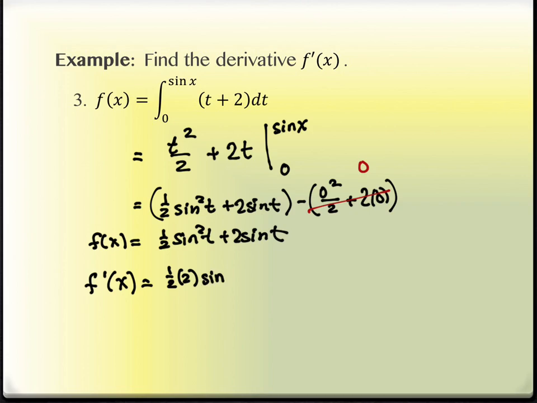I rewrite the sine to the new power, which is a 1, like so. And then I would need to take the derivative of t, but the derivative of t, just like x, would just be 1. So this is a chain rule. It's not a super tricky chain rule, but we do need to be careful that we recognize that the 2 comes down, the sine power goes down by 1 to a power of 1.